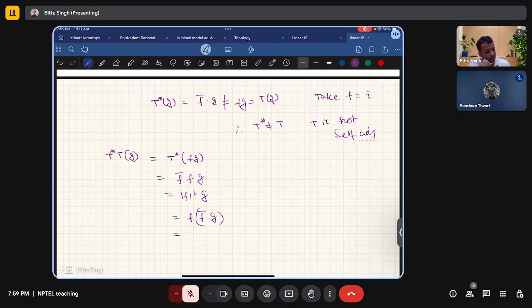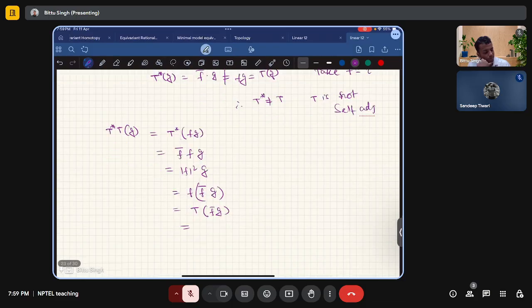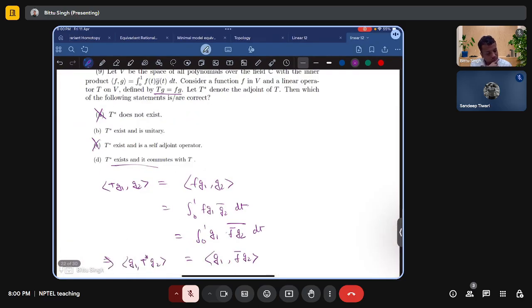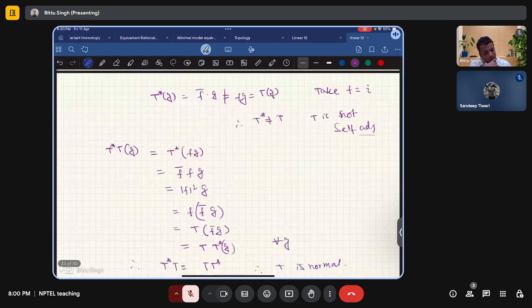But f times this is same as T applied on f bar g, and f bar g is same as T star applied on g. So this is true for all g. Therefore T T star is same as T star T. Hence T is normal. So this is true. T star and T commute.